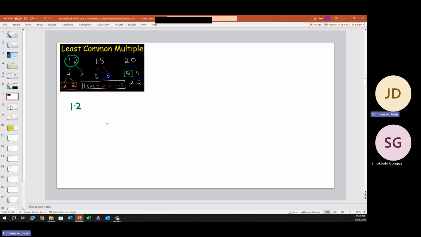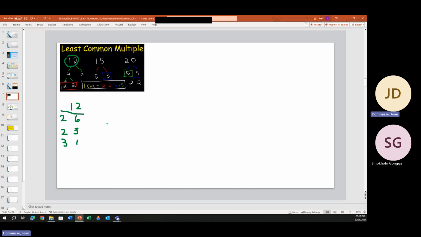So I would have said, okay, what number goes into 12? I would start at 2, and 2 goes into 12 6 times. Then 2 goes into 6 3 times, and then 3 goes into 3 once.